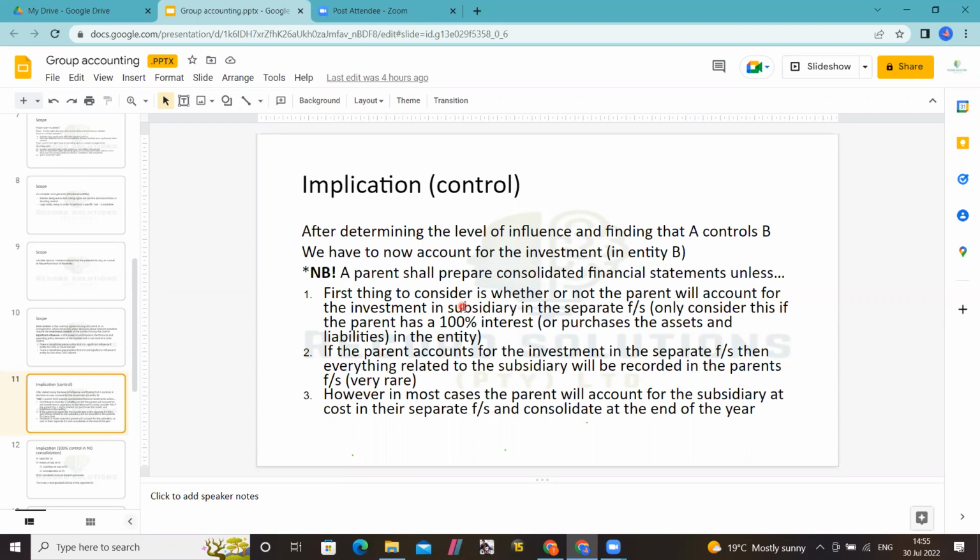IFRS 3 applies when an entity buys another entity, not just the other entity's assets. So the first thing you determine is that this thing is an entity. That one doesn't carry many marks, and they don't really ask that one much. So maybe 2 marks.